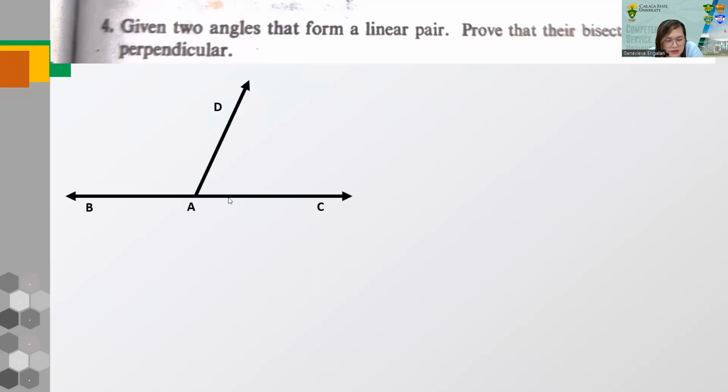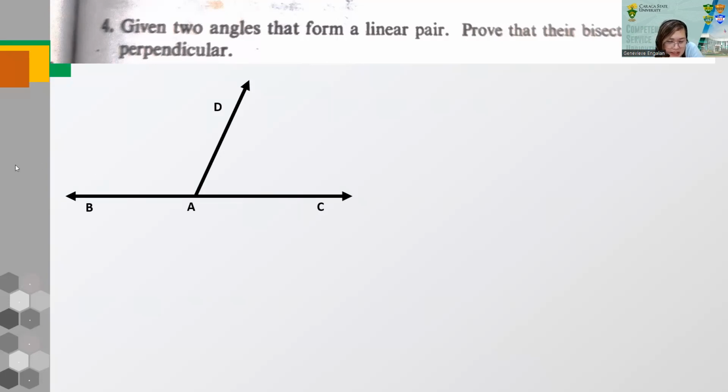Class, ako na yung nag-drawing, ako na yung nagbuot-buot. So, kung mag-prove pod mo, kamo na pod mag-drawing, kamo na yung magbuot-buot, unsa nga mga letters inyo ipangbutang dira. For my case, akong gibutang is na ako'y two angles, which is DAB or BAD and CAD nga nag-form og linear pair.